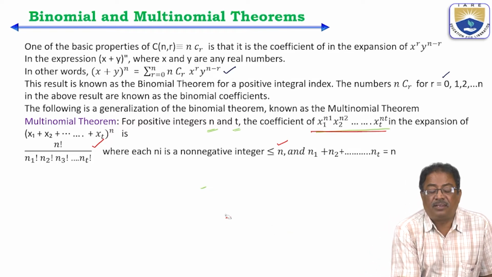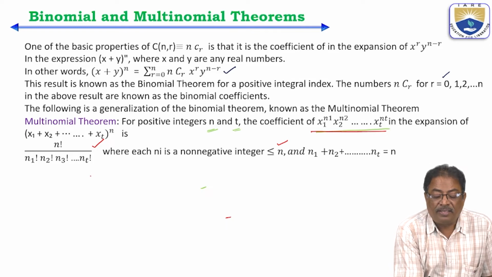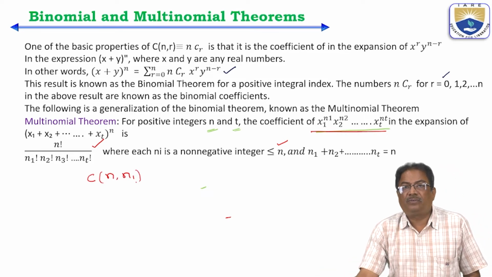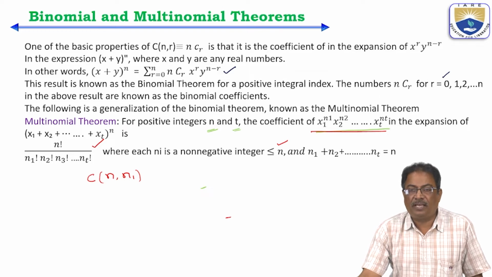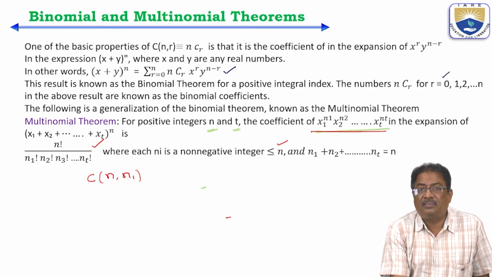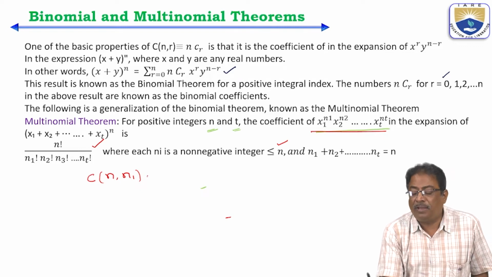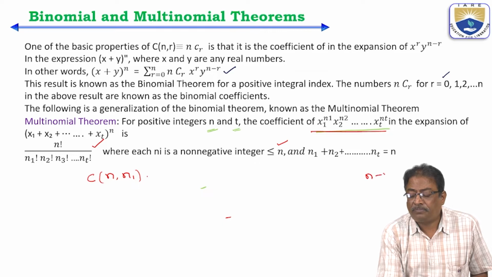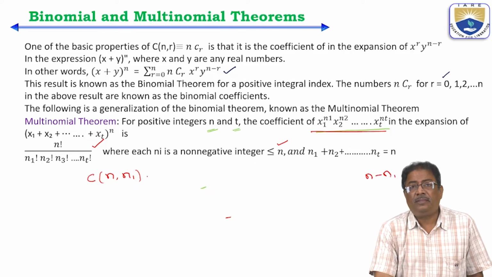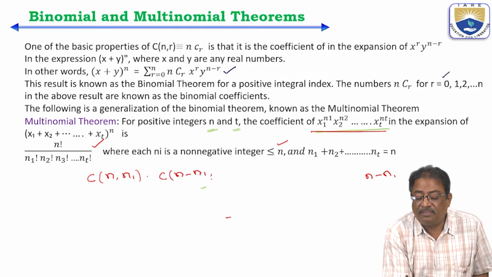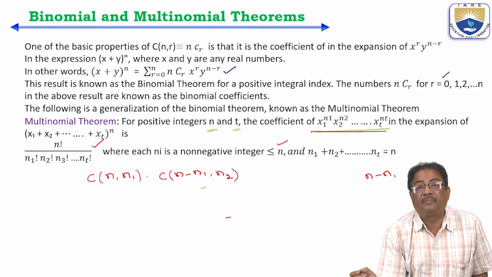The number of ways that we can select n1 items from n items is C(n, n1). This is the first task. The next task: the remaining are n minus n1, and from these we select n2 items. The number of ways is C(n minus n1, n2).